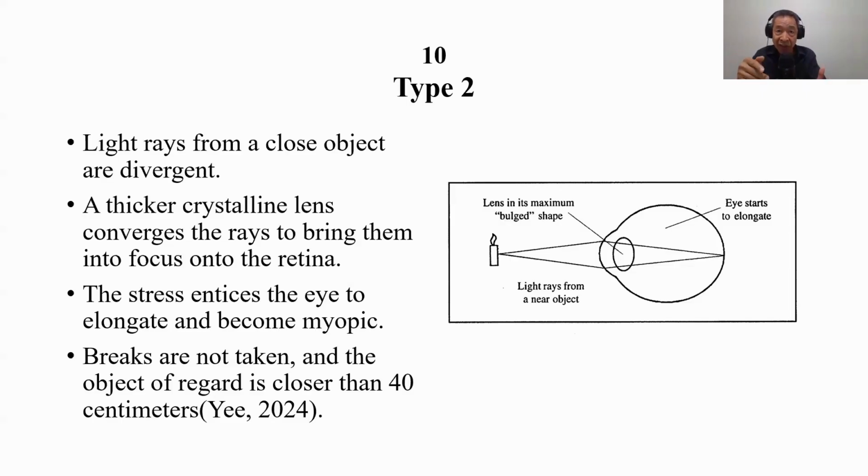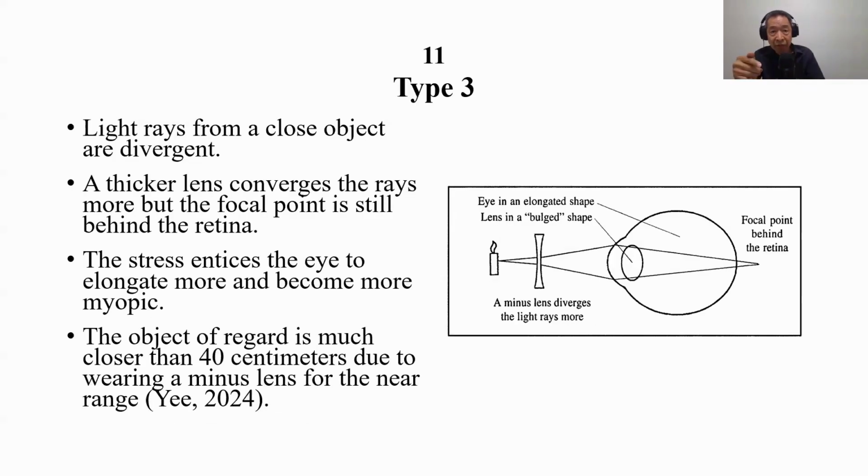In type 3 near-point stress, light rays from a close object again are divergent, and the thicker lens converges the rays more, but the focal point is still behind the retina, as shown on the diagram. And the stress entices the eye to elongate more and become more myopic in the attempt to bring that focal point onto the retina.